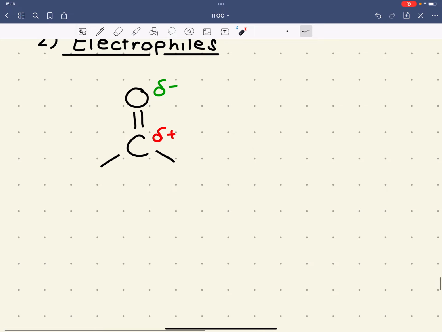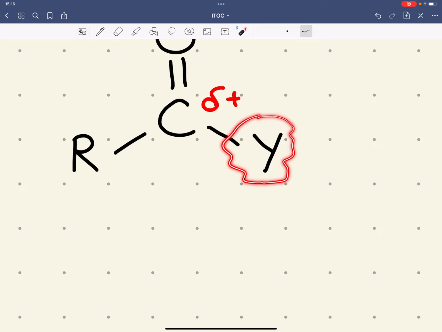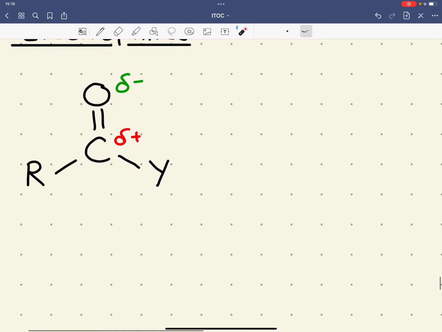Now, these carbonyl carbons are usually susceptible to attack by nucleophiles, and depending on what else is attached, so let's just say I've got an R group there, and let's call this Y, how reactive they are towards nucleophiles will depend very much on what this Y group is.